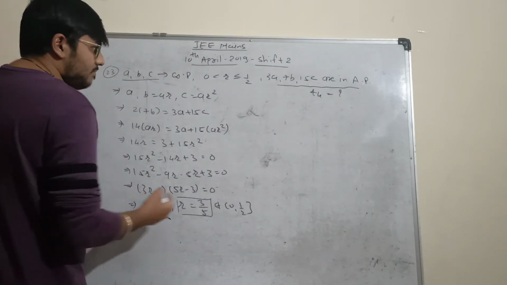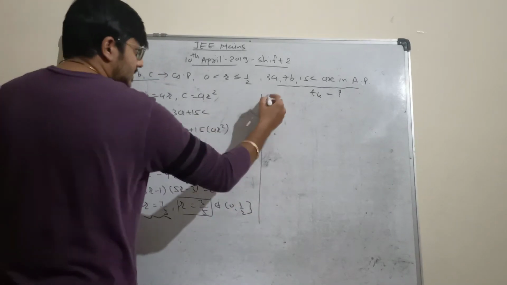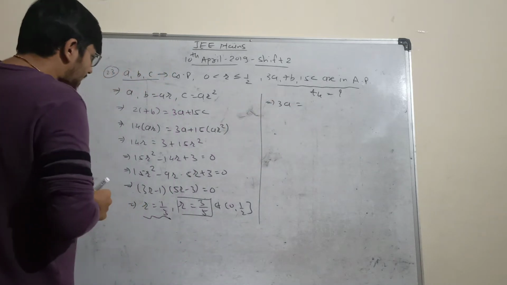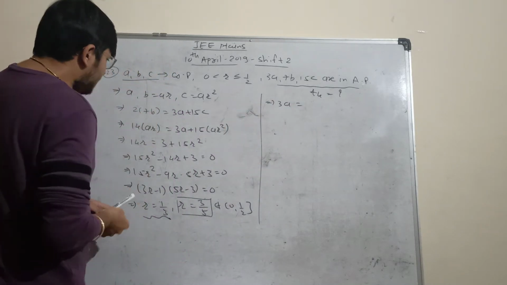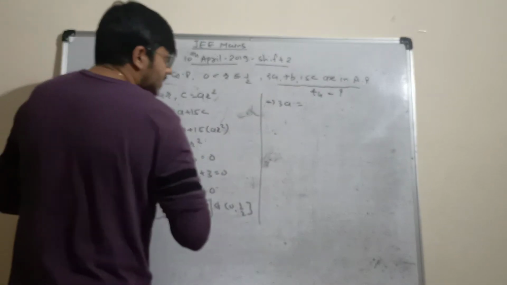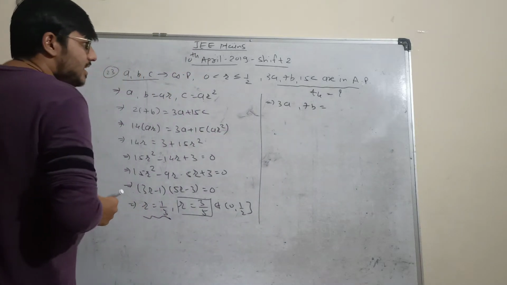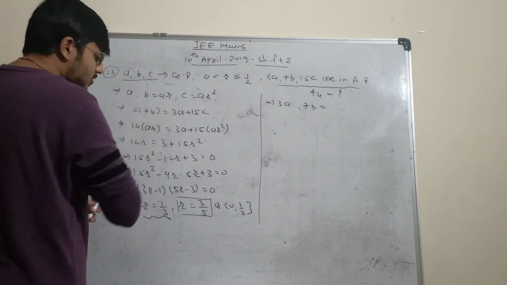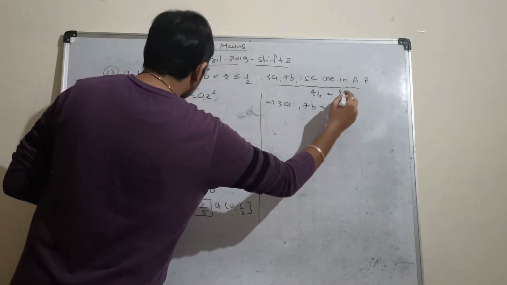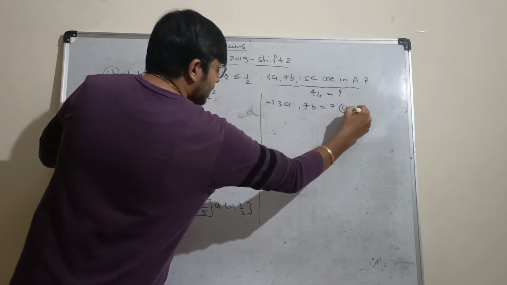And if r is 1 by 3, 3a will be 3a as it is, right? Because a is the first term we could consider. Okay, 7b as what? 7b is 7 into ar, a into r, and r is 1 by 3.